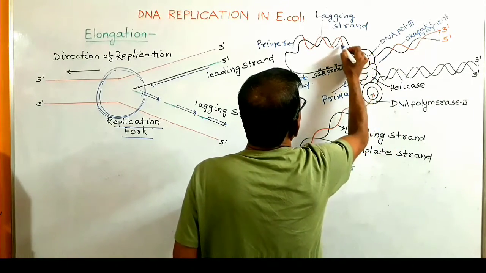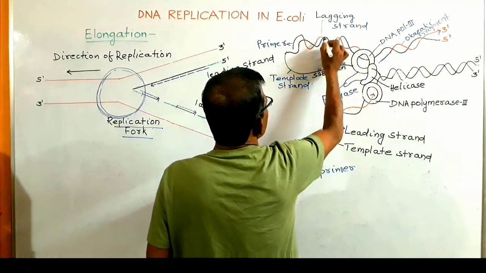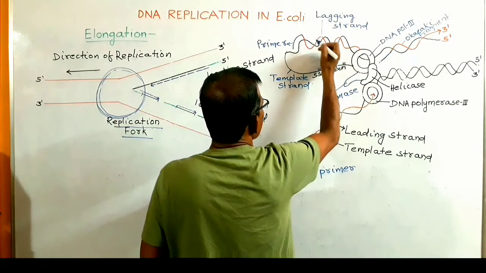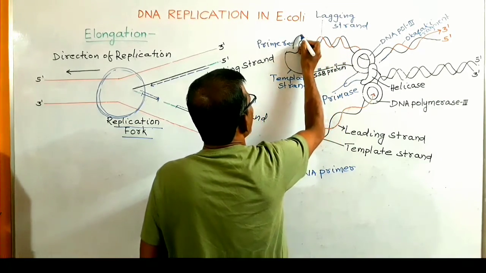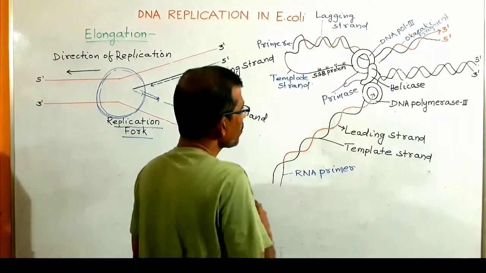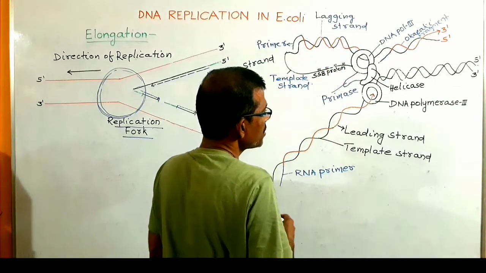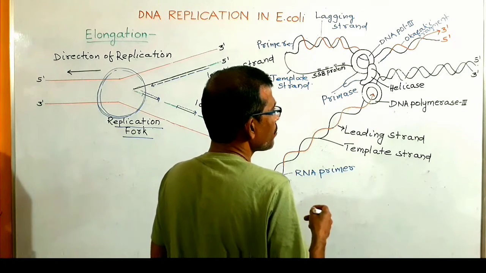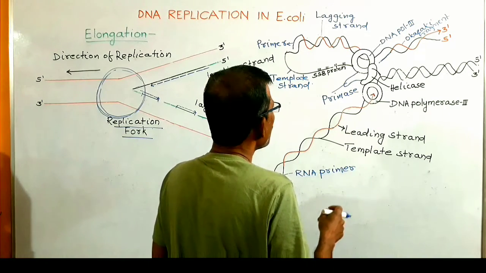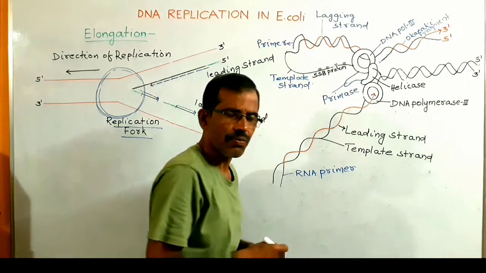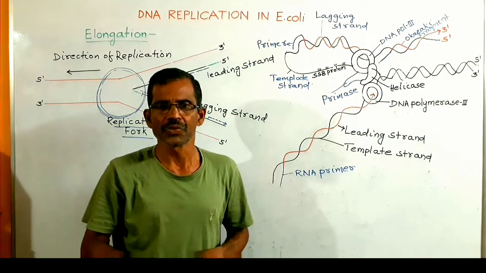Similarly, this red colored patch is another Okazaki fragment which has also begun with an RNA primer. So by looping of one of the template strands, it becomes easy for the enzyme DNA polymerase 3 to coordinate the synthesis of leading strand and lagging strand.